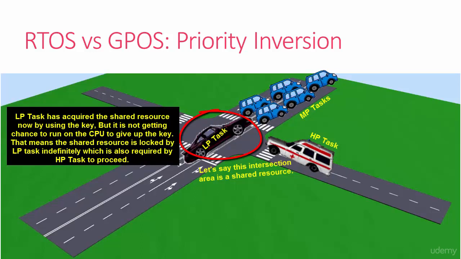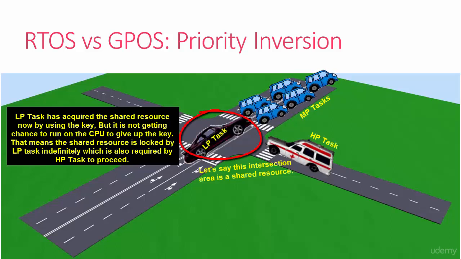Now when the higher priority task enters, it cannot access this shared area, isn't it? Because the key is taken by the lower priority task, but the lower priority task is not allowed to run. It can only give up the key once it is allowed to run, isn't it?